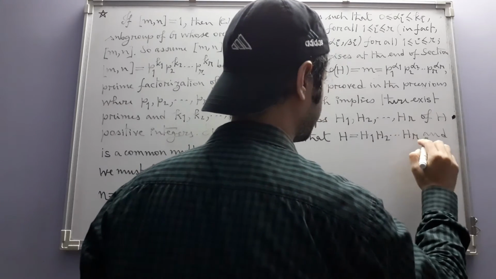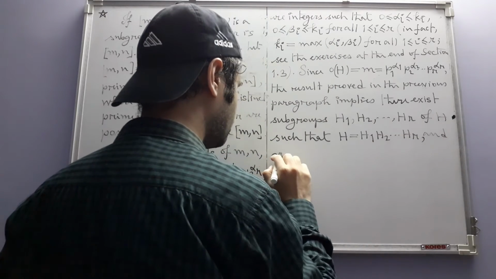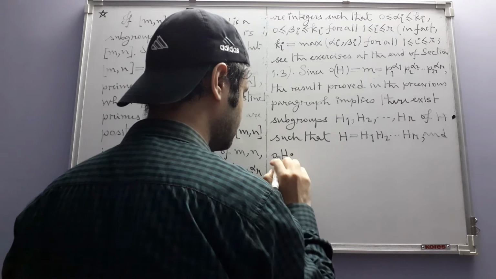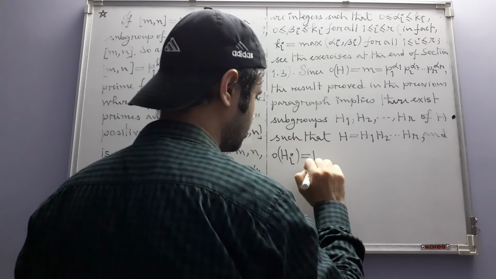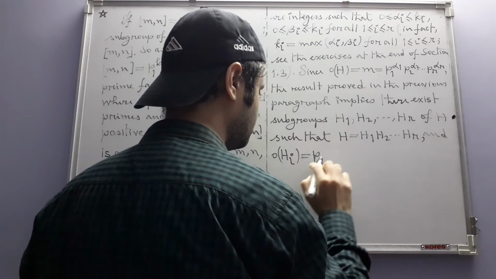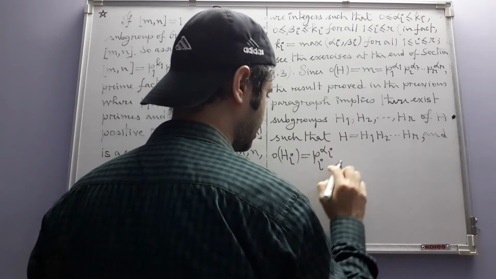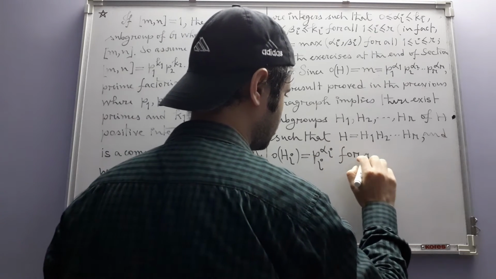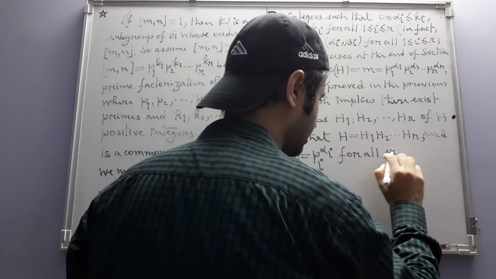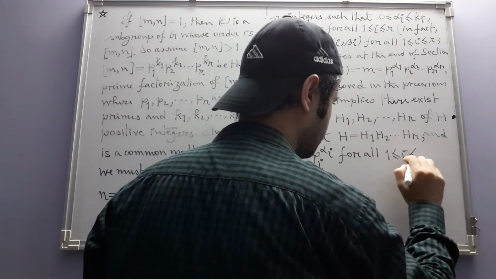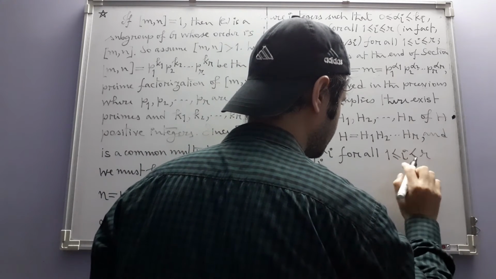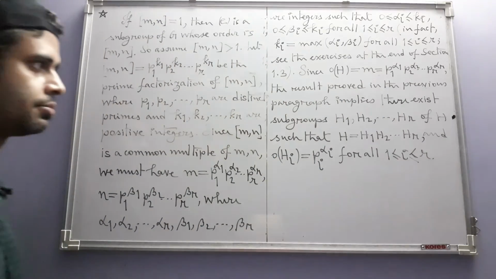And order of Hi is equal to Pi to the power alpha i for all i lying between 1 and R.